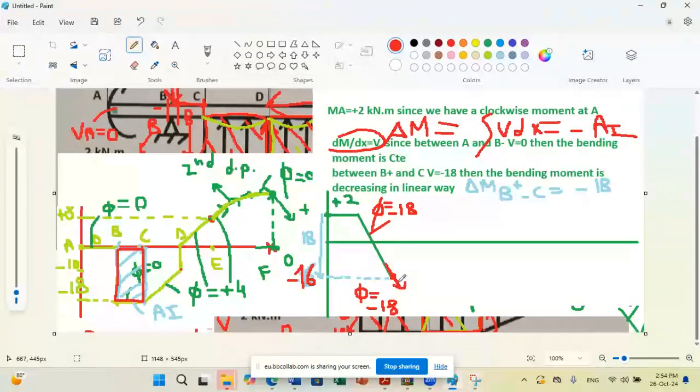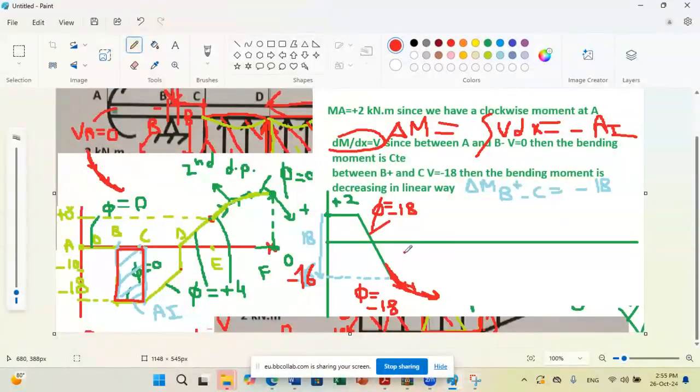So if I illustrate this variation, the slope is decreasing in magnitude until reaching a value of minus 10. So if we want to draw the parabola, the second degree parabola will have an upward concavity. Why? Because the slope was very strongly negative and it's decreasing in the negative direction. Meaning the profile of variation is concave upward. Okay? So the concavity is upward, not downward.